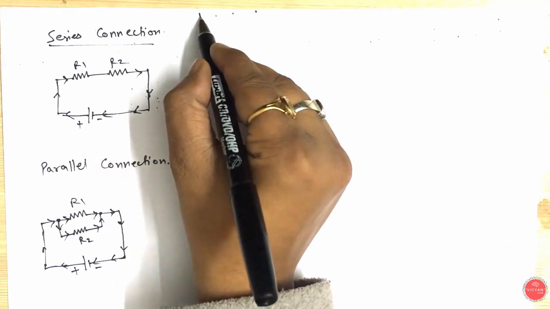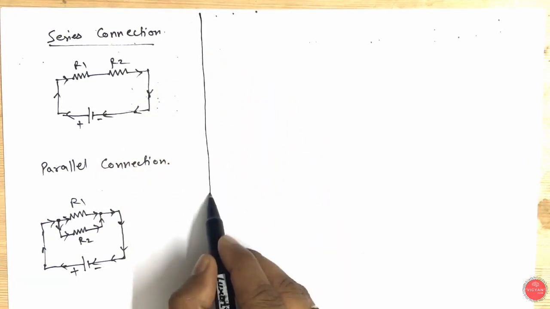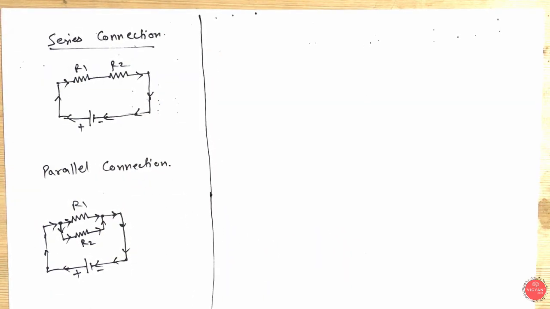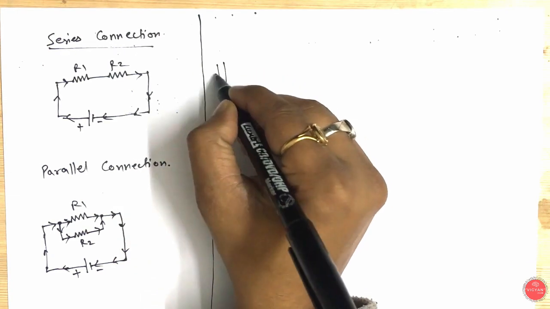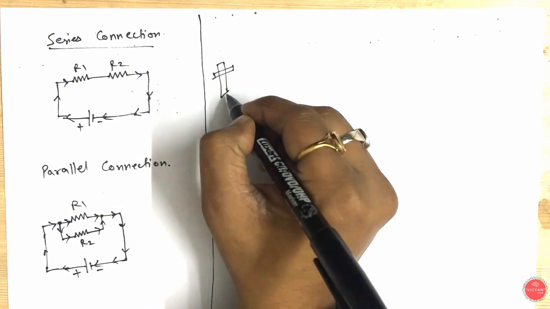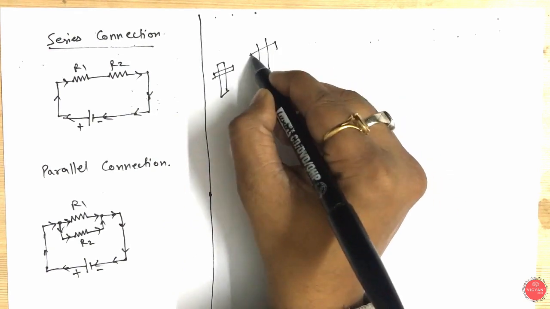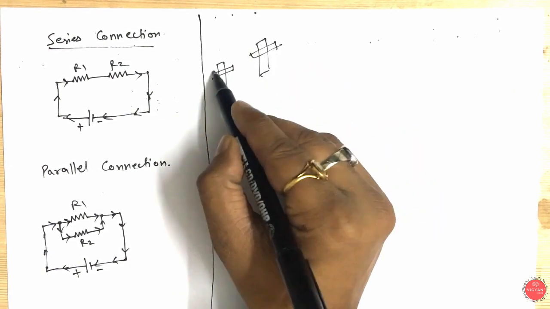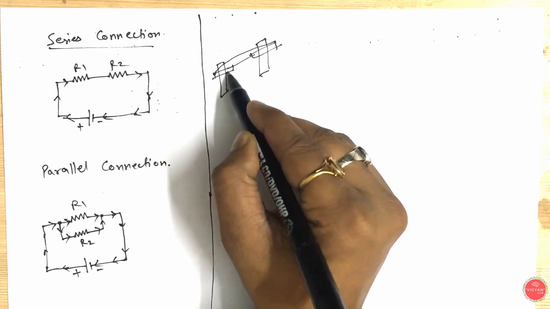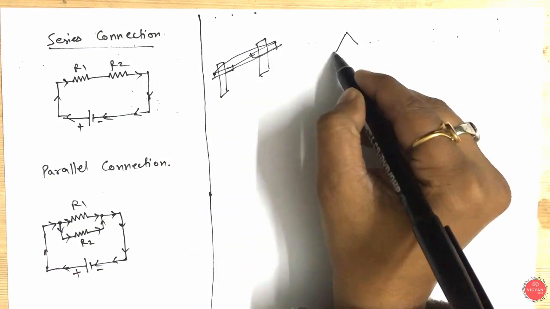So this was some basic concepts on series connection and parallel connection. Let me now tell you how the electricity reaches our home from the poles in our streets. Suppose these are the poles in our streets, and these are carrying the electrical wires to my house.